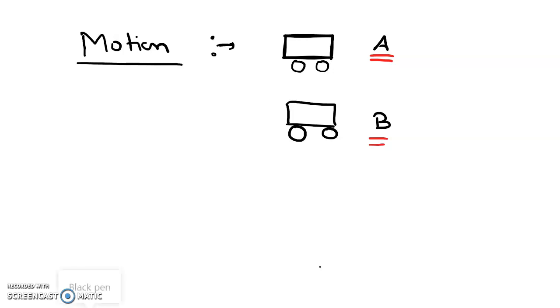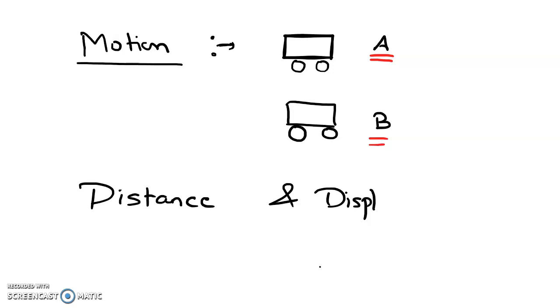And what are these? So let's talk about them. Different parameters to quantify motion. The first one is distance and displacement. So let's have a small chit chat over them.